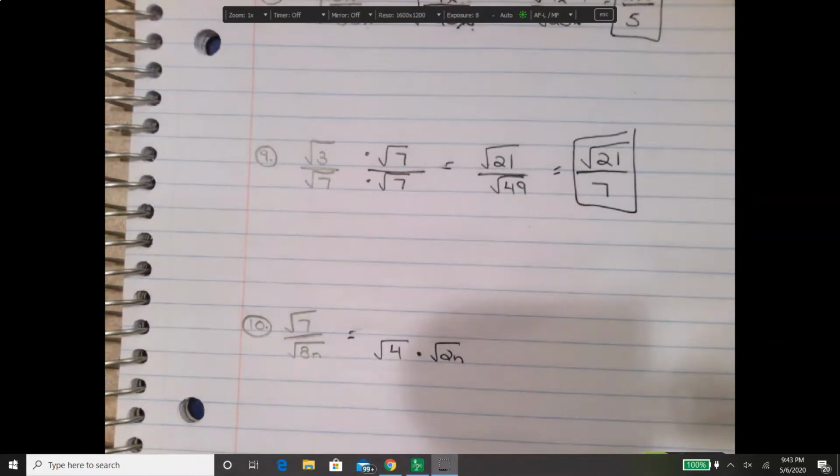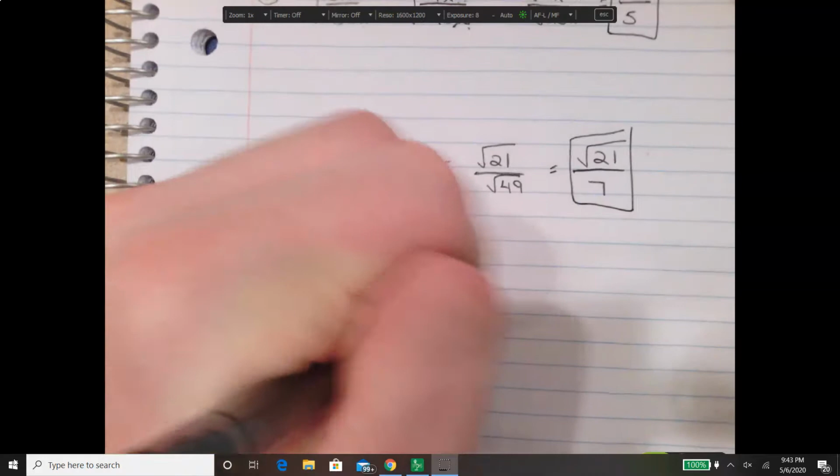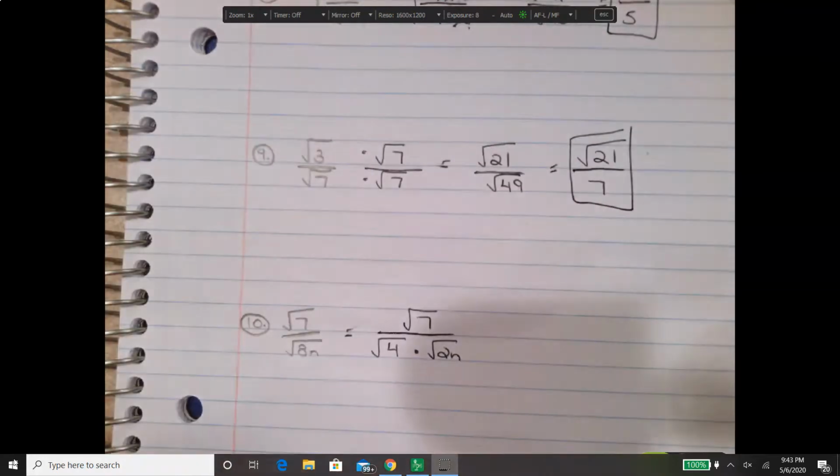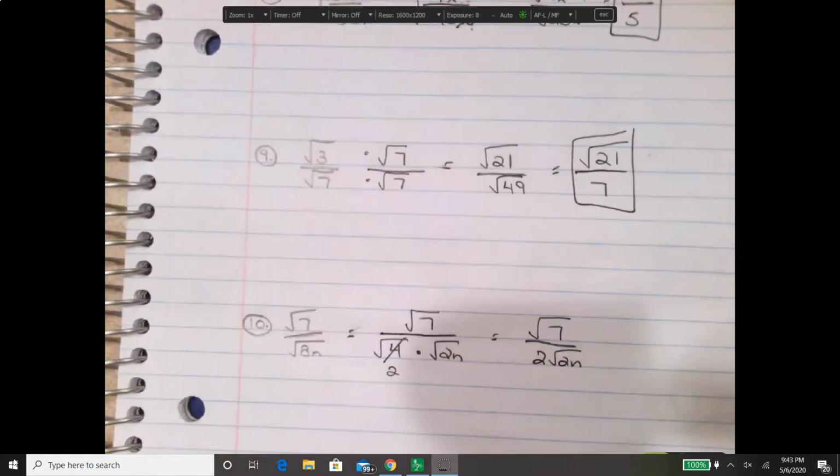And then this will simplify because radical 4 is not going to stay radical 4. It's going to turn into 2. So my new fraction that I'm working with is radical 7 divided by 2 radical 2n.